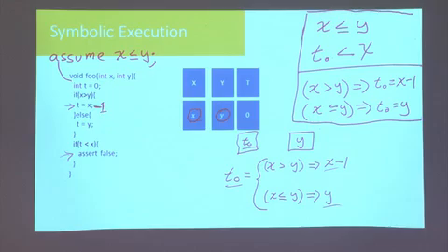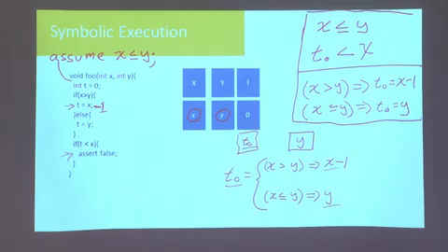If overflow errors are actually essential to the kind of bugs that you're trying to find, this would not be a good way to set up the problem. What you need is to represent these not as integers, but as bit vectors. And the moment you represent them as bit vectors, you have to have a bit width in mind.